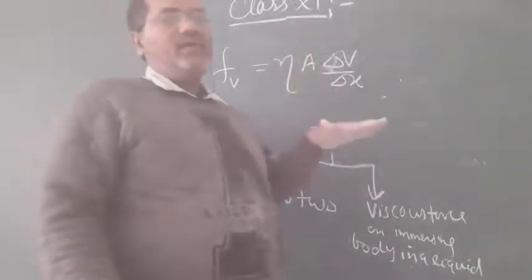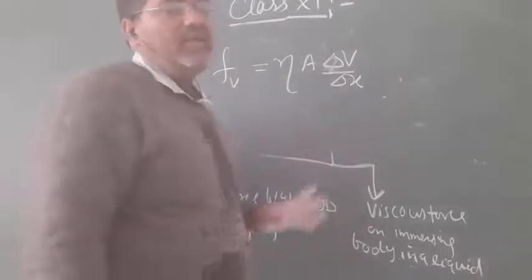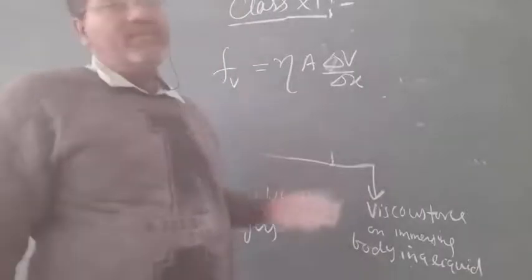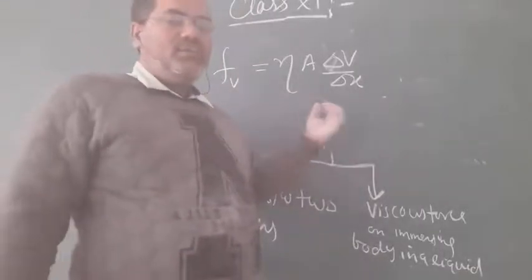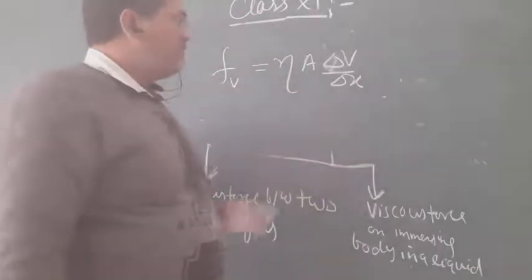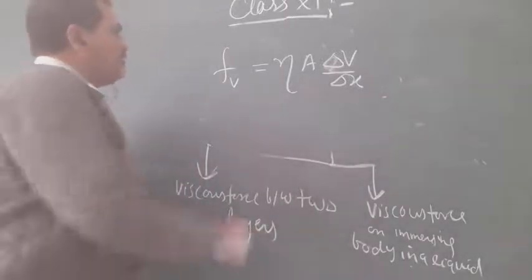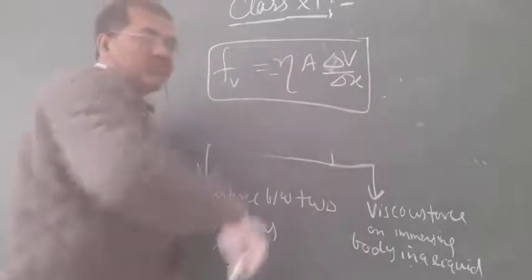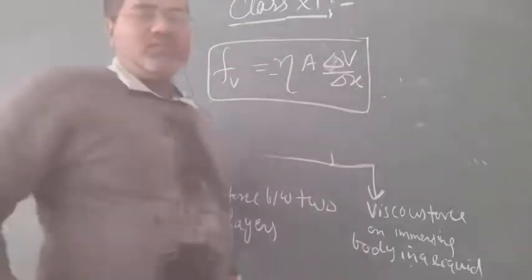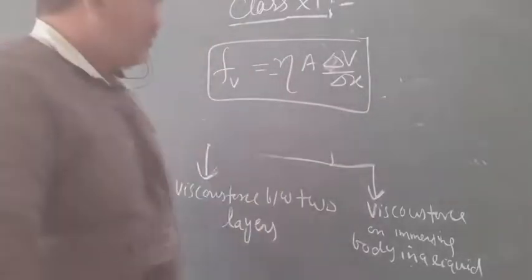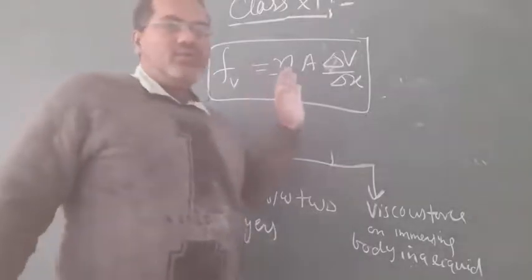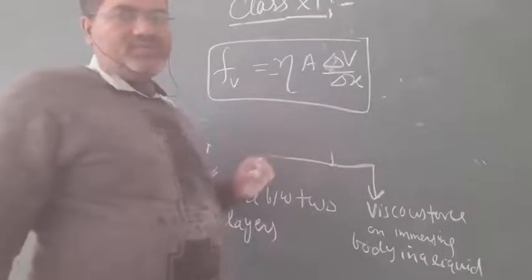If two layers are at a distance delta x and the velocity change between them is delta V, then the velocity gradient will be delta V by delta x. A minus sign is included in this formula because friction force is a drag force which opposes the relative motion. So this is the formula for viscous force when two layers are in contact.